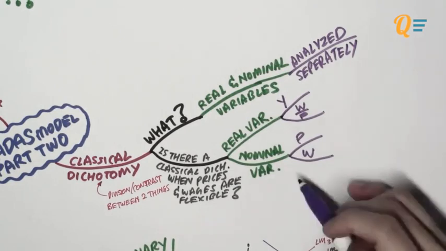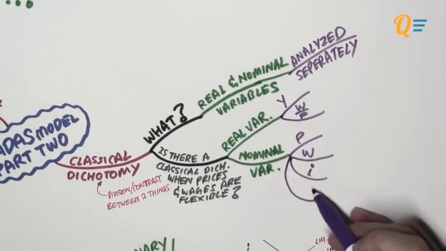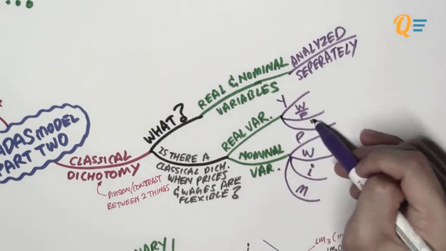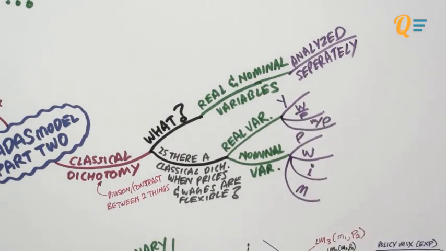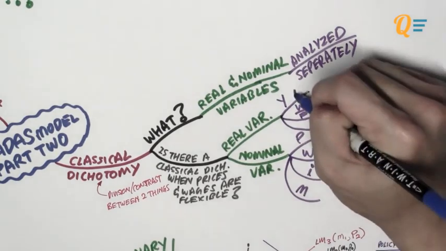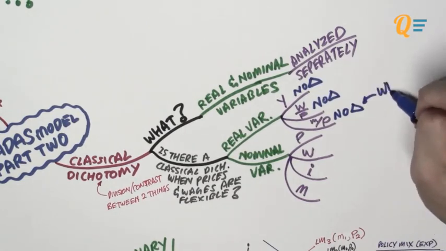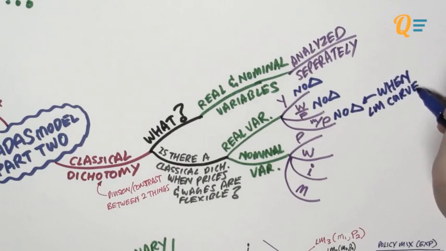Your nominal variables would be the price level, nominal wages, nominal interest rates, and the nominal money supply. And talking about that, the real money supply is a real variable as well. So this is what a classical dichotomy would look like. Your real GDP will have no change, real wage will have no change, real money supply will have no change. And you have no change in the real money supply when your LM curve is the same LM curve as in the initial equilibrium.